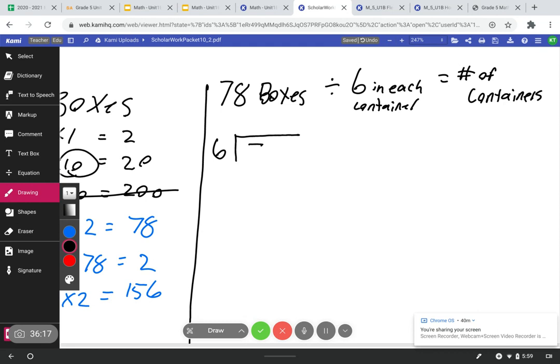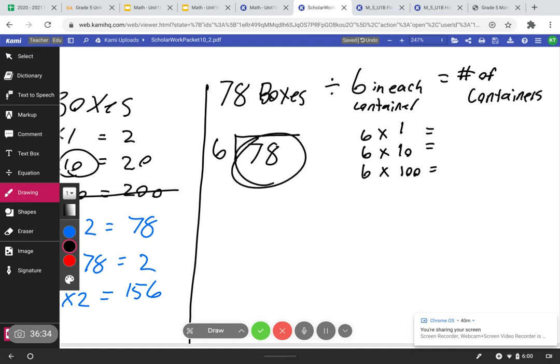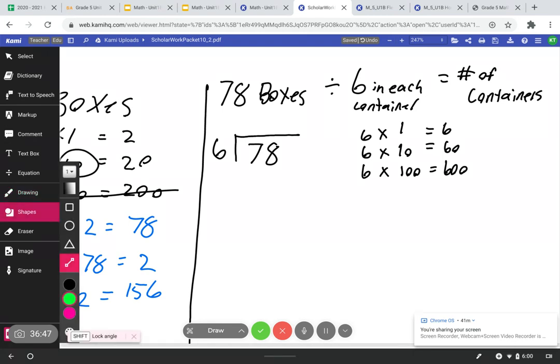And how many times does 6 go into 78? I'm going to use my friendly numbers, 1, 10, 100. And which one is the closest without going over 78? So 6, 60, 600. I think it is pretty clear that 60 is the closest without going over.